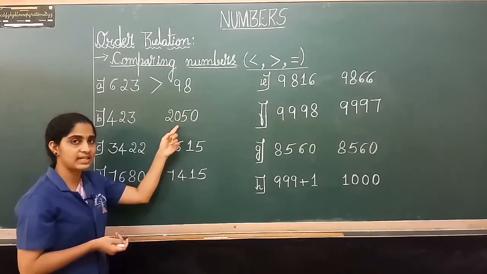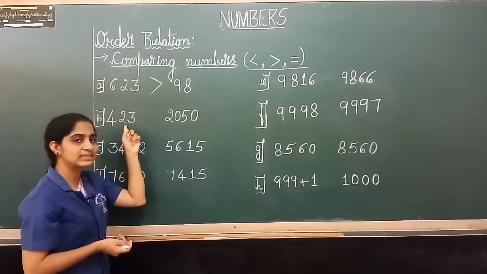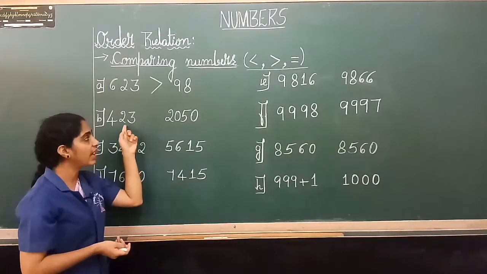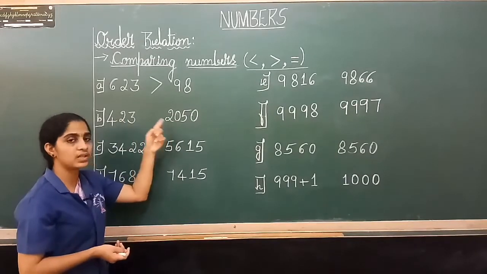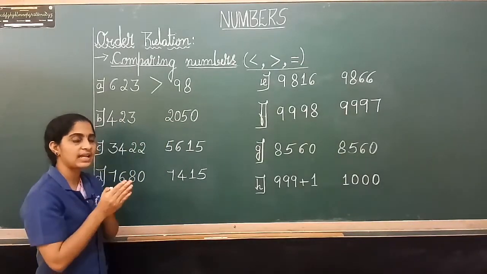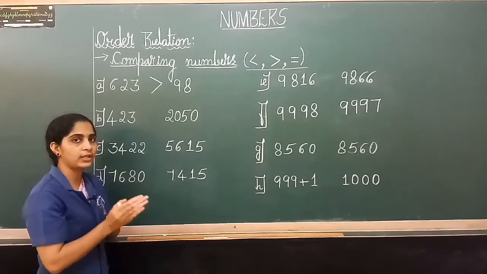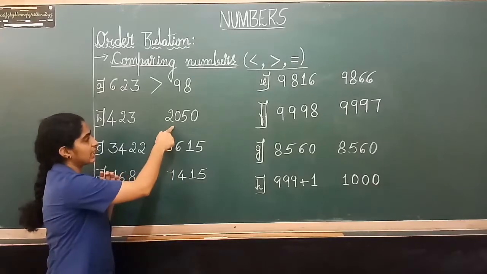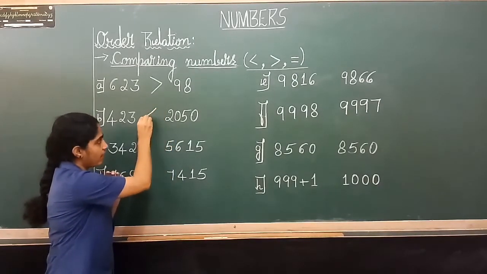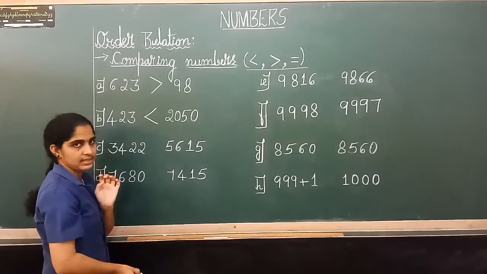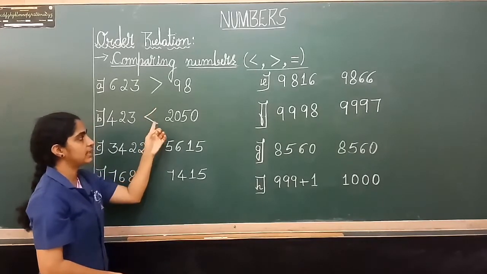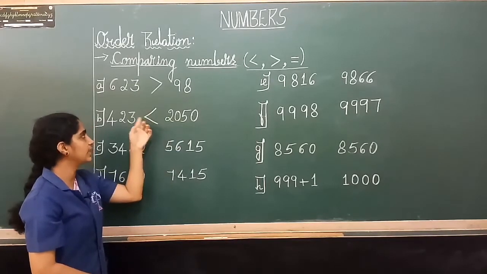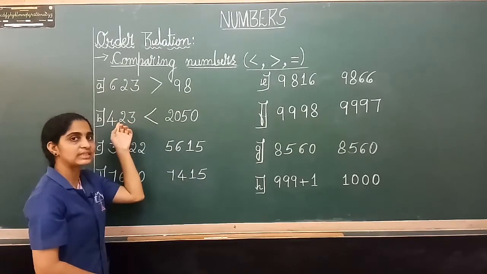A 4-digit number is greater than a 3-digit number. So, we have to compare these two numbers using the symbol. I said that the open end of the symbol shows the greater number. So, this is the greater number. That's the reason we have to put the symbol like this, where the open end is towards the greater number, whereas the closed end is towards the smaller number.